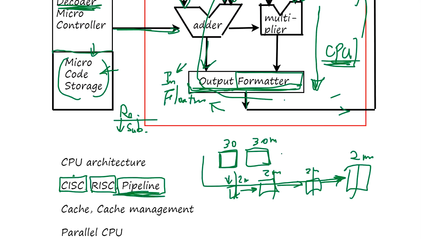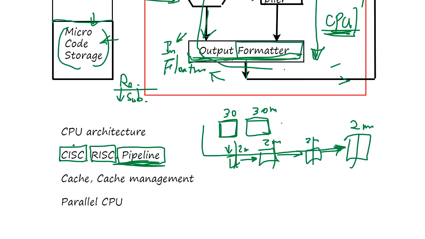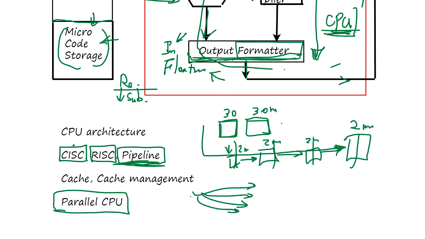Okay, but nowadays supercomputers, instead of pipeline, use parallel CPUs. Parallel CPU is if you have 1,000 multiplications to do, then you give each CPU a job and let them do it instead of pipeline.